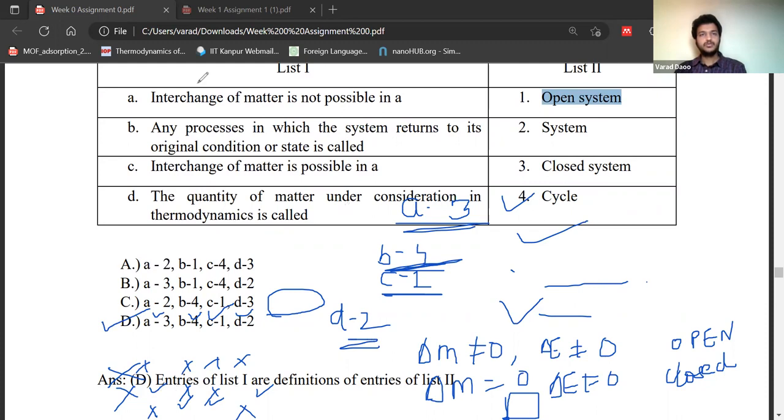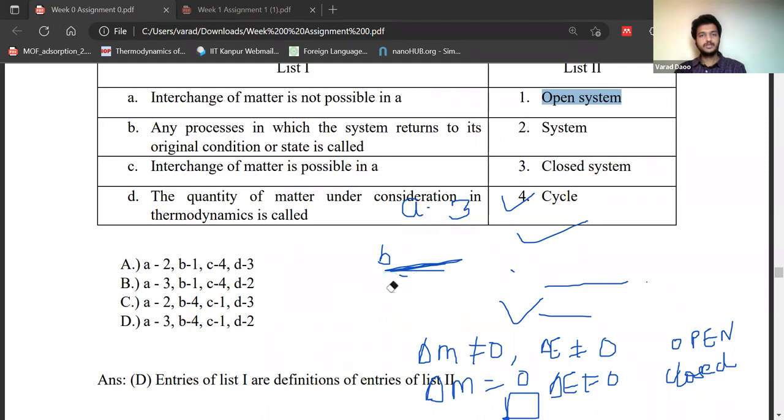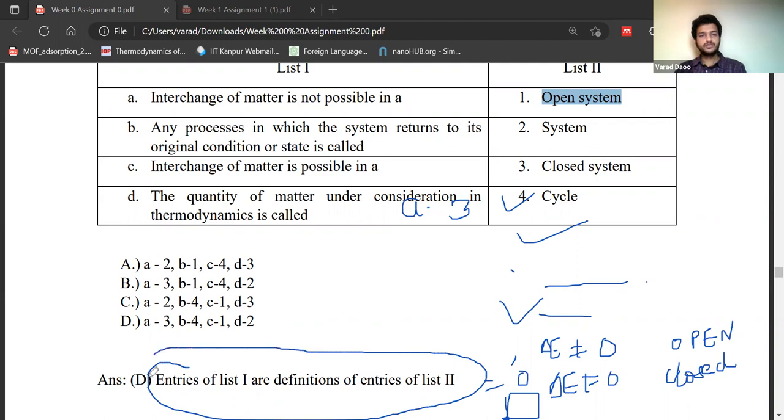So let us look here at what explanation we have. Entries of list 1 are definitions of entries of list 2. Okay. So the option is D.